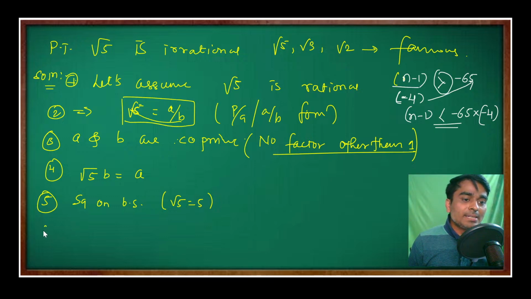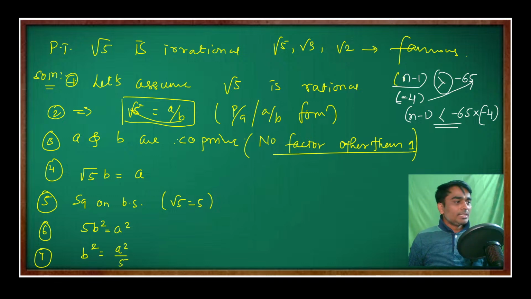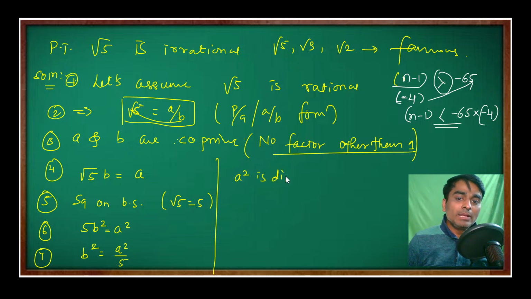ಸೊ ಈಗ 6th ಸ್ಟೆಪ್ಪಲ್ಲಿ ಇದು 5b² = a² ಆಯಿತು. 7th ಸ್ಟೆಪ್ಪಲ್ಲಿ b² = a²/5 ಅಂತ ತೋರಿಸ್ಬೇಕು. ಇದು ತೋರಿಸಿದ ತಕ್ಷಣ ನೀವು 2 ಸ್ಟೇಟ್ಮೆಂಟ್ ಬರೀಬೇಕು. ಒಂದು, a² ಈಸ್ divisible by 5, okay?